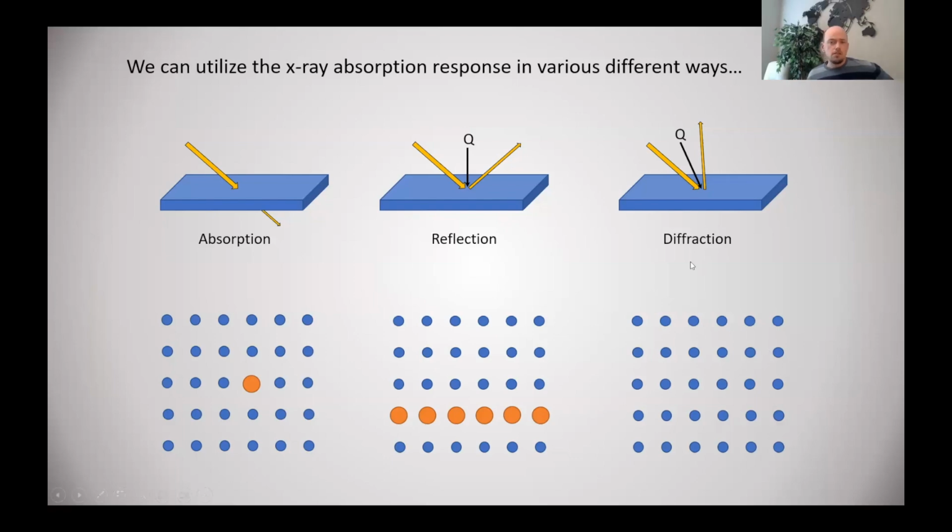And I'll talk as we go on about a specific example of studying X-ray reflection. And then another thing we can do is study how the X-rays are diffracted. So when you have some particular type of order in your material, whether it's just the order of the atoms in the crystal, or the order of the electronic charge within your material, or the order of magnetism within your material, you can tune to a resonance and maybe see some particular type of ordering. Maybe even a type of ordering that you couldn't have seen in any other way, because maybe it's just an ordering of a little bit of electronic charge.